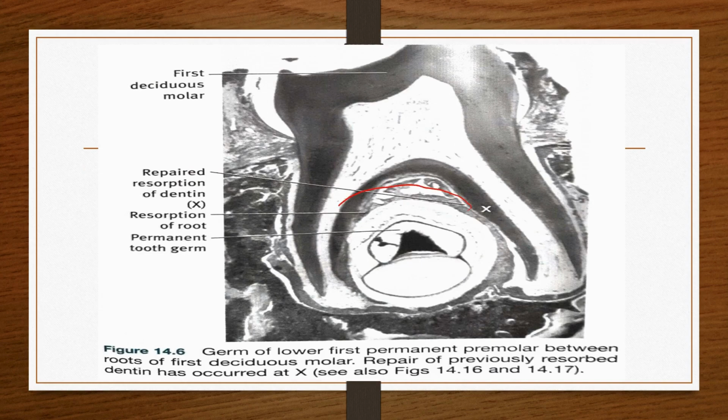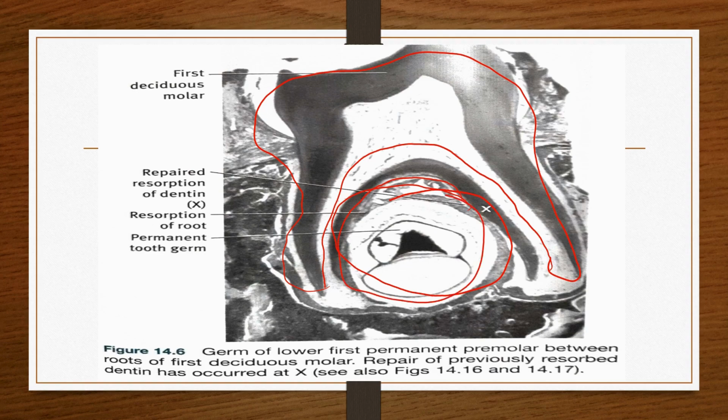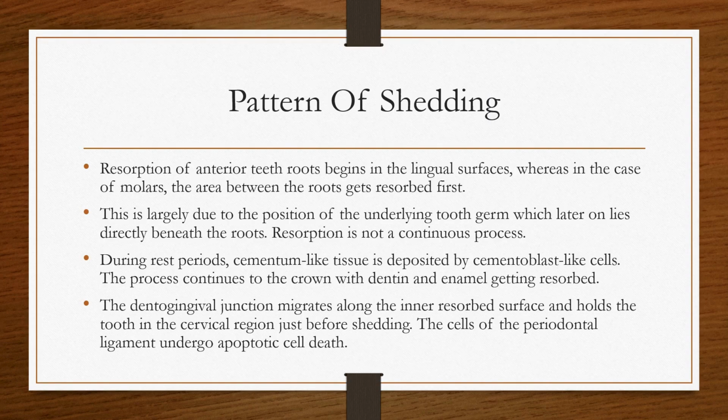It is a permanent molar tooth germ which is increasing and developing between the two roots of the deciduous first molar. This is your deciduous first molar, and the first permanent molar is developing right here beneath this. What is the pattern? The resorption of anterior teeth roots begins on the lingual surface, whereas in the case of molars, the area between the roots gets resorbed first, as we have seen in the previous slide.